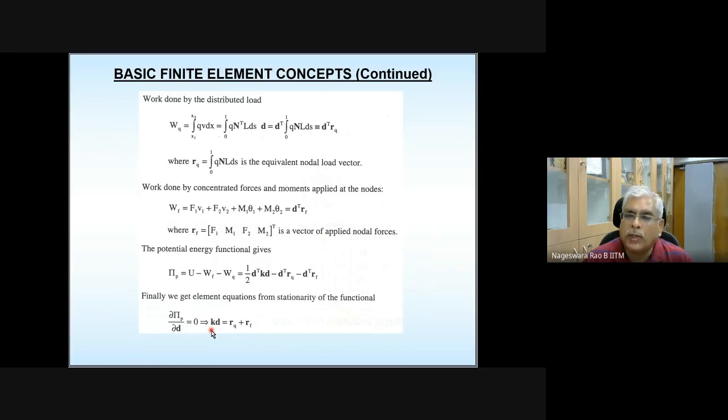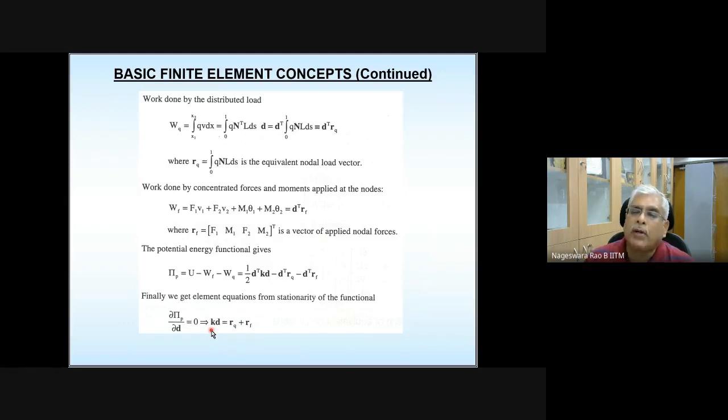But there is only a single bar, and even if you adopt n different approaches, all n approaches should give the same stiffness or the same element equations, because you are describing the same quantity using different approaches.